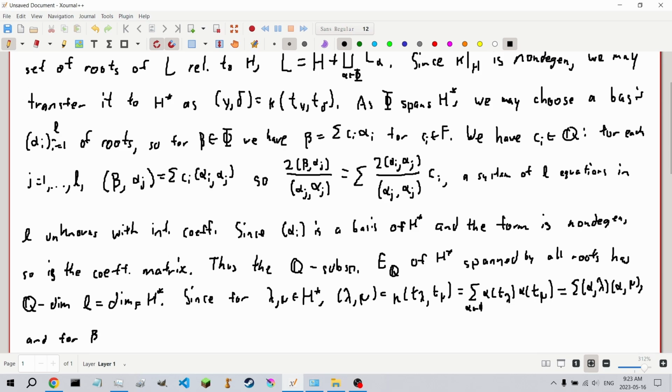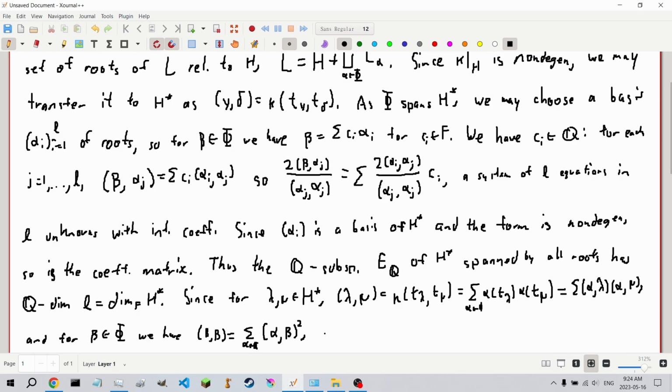And for beta being a root, we have that the form of beta with itself is the sum over alpha in our root system of the form of alpha and beta, squared.